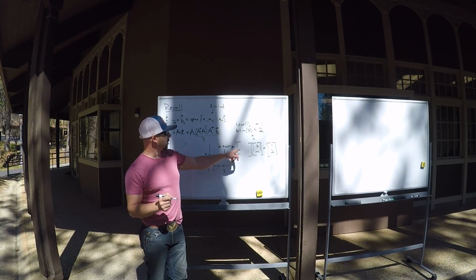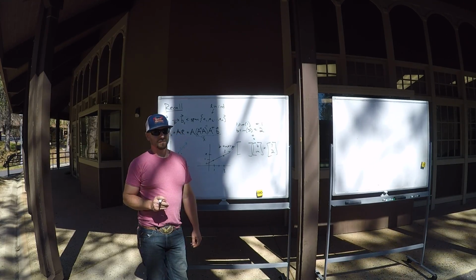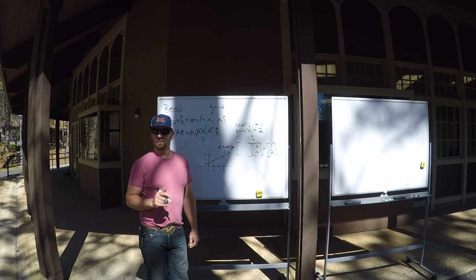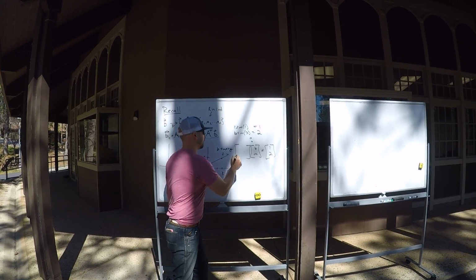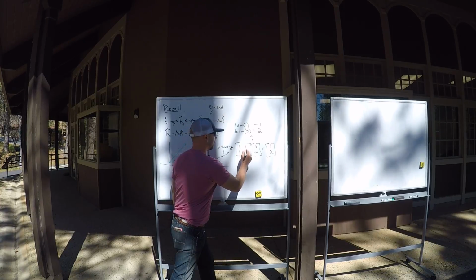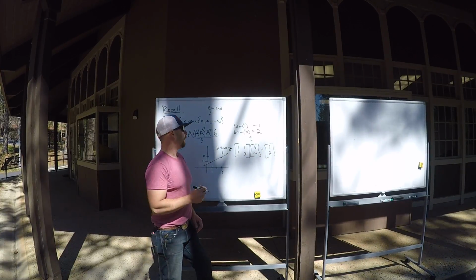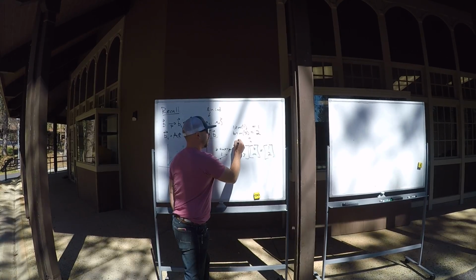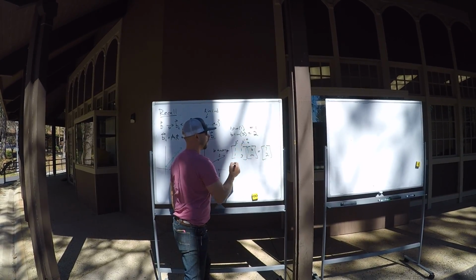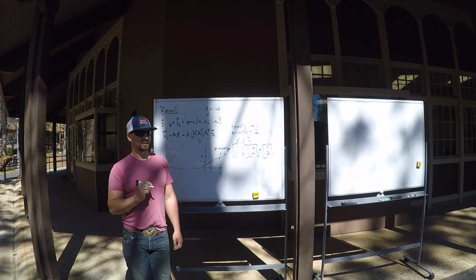Okay, can you tell me about the columns of this matrix here? Well, the first column would be 1, 1. Good. And the second one would be 1, 3. That is me saying this column is x to the 0, and this column is x to the first. You guys see that?